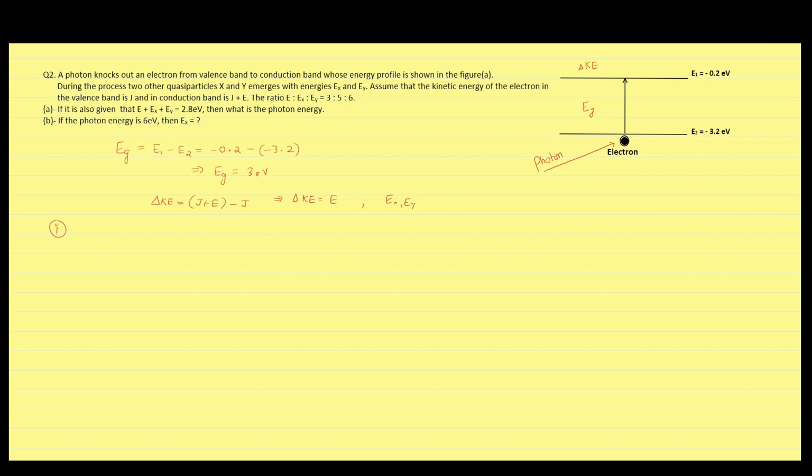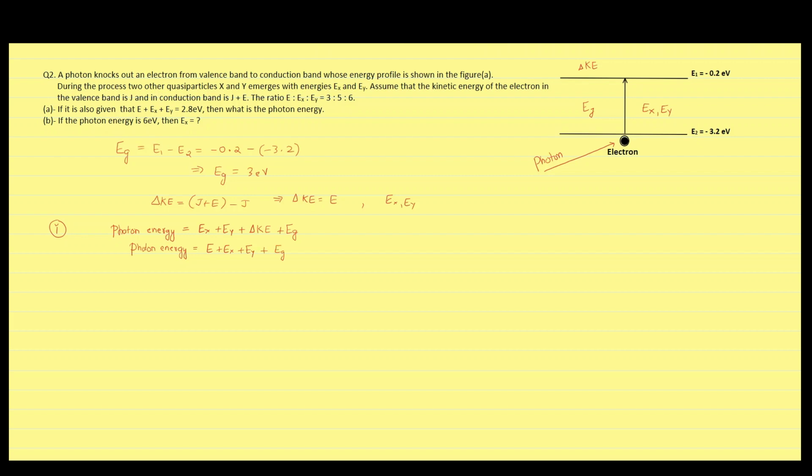And the third and the fourth part are used in providing energies to the 2 quasi-particles. Therefore, we can write photon energy to be equal to Ex plus Ey plus change in kinetic energy plus band gap energy. We can write photon energy to be equal to E plus Ex plus Ey plus Eg.